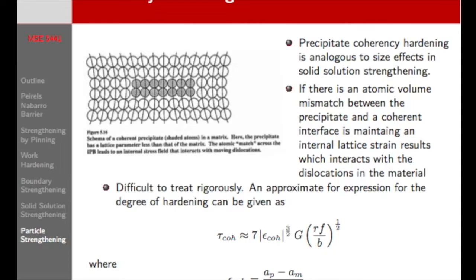And again, what goes in here, this is our distortion term to the 3 halves, so slightly larger. Right, we've got this factor of 7 out front. We don't have anything divided by pi on the bottom, right? But it has the same general sorts of terms: the shear modulus, the radius, the volume fraction, the Burgers vector, right? All that's under the square root. So the same physical terms keep coming up over and over again.